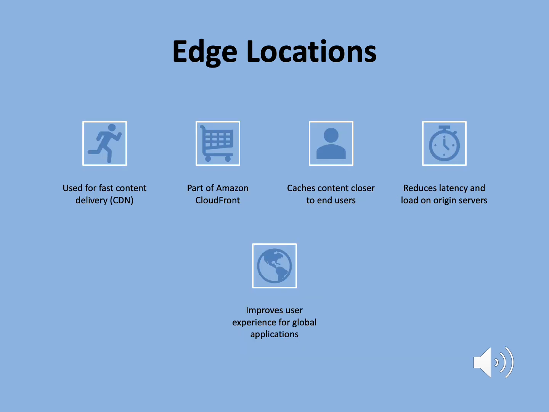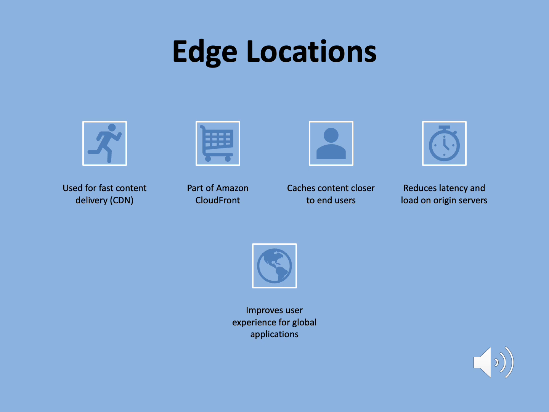Edge locations are used for fast content delivery and are a key part of Amazon CloudFront, which is the AWS Content Delivery Network, or CDN. Edge locations cache content closer to end users.